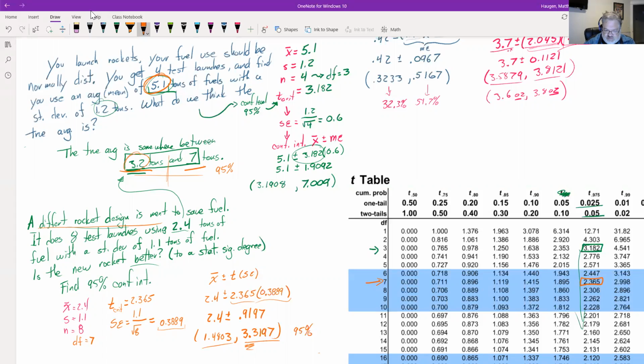Is it because they overlap then? Because they overlap even a little tiny bit, 1.5 all the way up to 3.3, and the other one goes 3.2 all the way up to 7. Have they shown that this other rocket is statistically significantly better? No, they haven't.